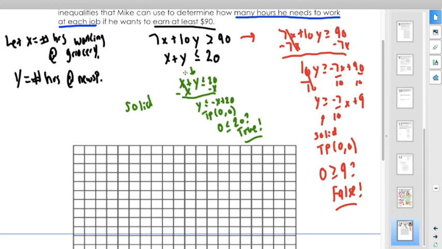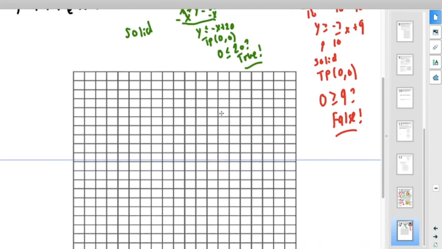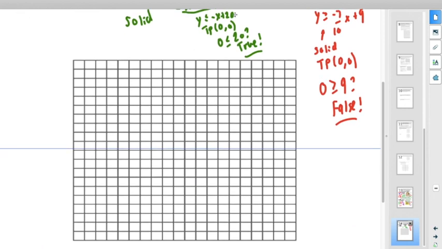Okay, let's graph this. Let's do the green one first. X plus Y is less than or equal to 20, so Y is less than or equal to negative X plus 20. My y-intercept is 20, that's going to be all the way up here. And my slope is negative 1 over 1, so down 1, to the right 1.